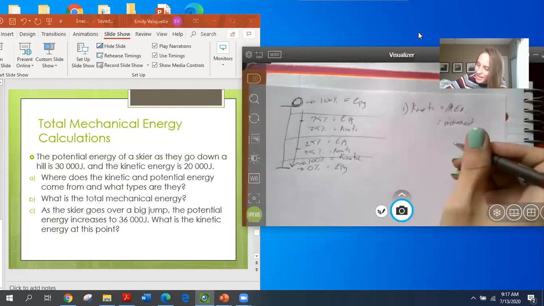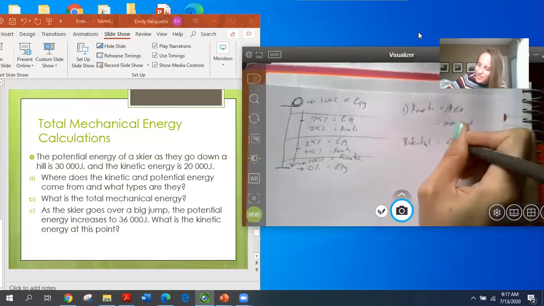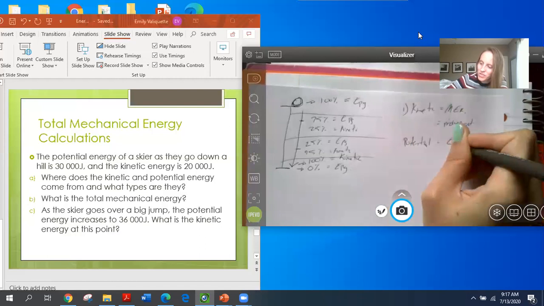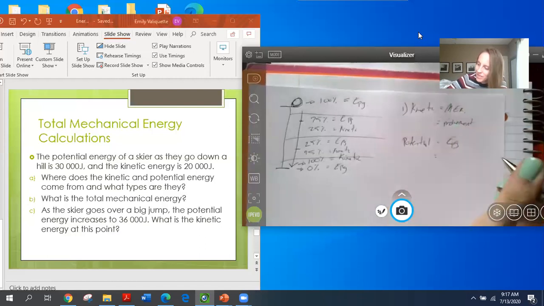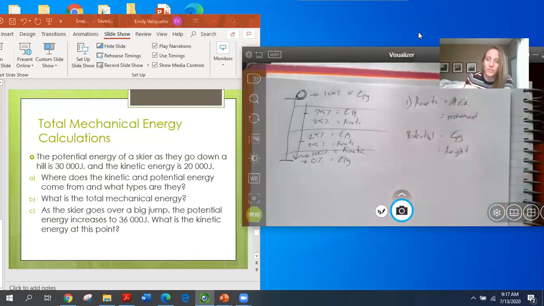Meanwhile, the potential energy that the skier has is gravitational potential energy, EPG, and it has to do with the height of the skier up the hill. How much further down can it go before it can't fall any further?